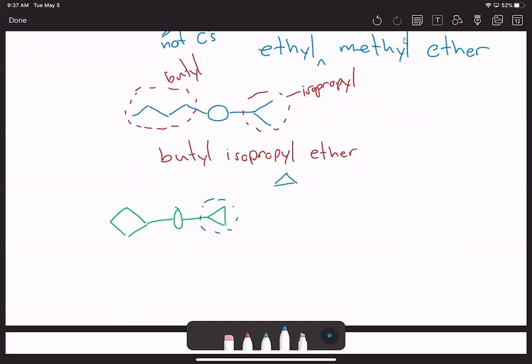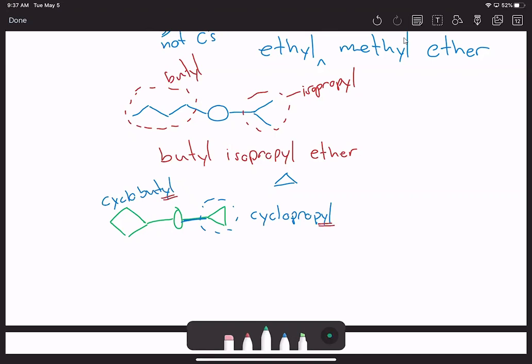It looks pretty similar, except we removed one of the hydrogens and we had to bond it to them. So just like we have methyl, ethyl, propyl, well, this is not cyclopropane, but this is cyclopropyl. This is cyclobutyl, with a YL.